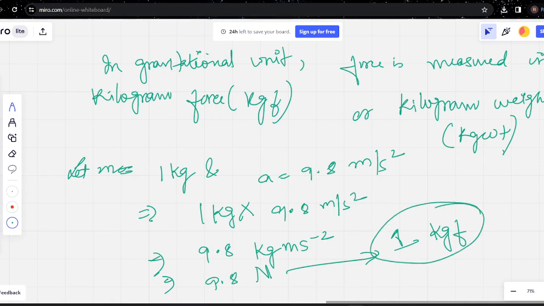Now, 1 kgf is that much force while acting on a mass of 1 kg produces in it an acceleration of 9.8 meter per second square. This was my SI unit of gravitational force.